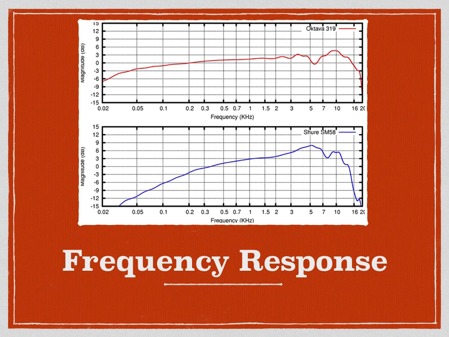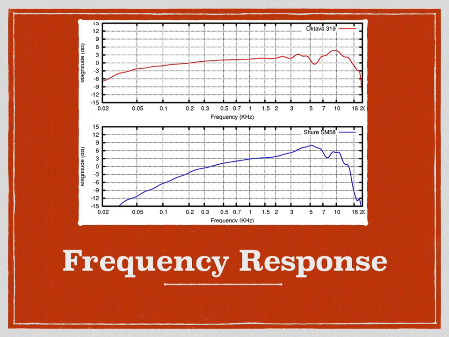In the red line curve, you can see that generally the curve is a flatter curve. The curve covers a wider range on the graph. You can see it starts from 0.02, whereas the blue line curve, which is for the dynamic mic, generally has a more shaped curve.